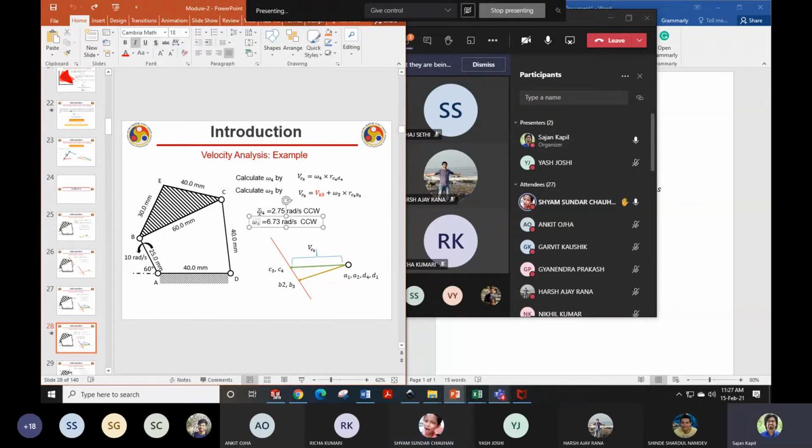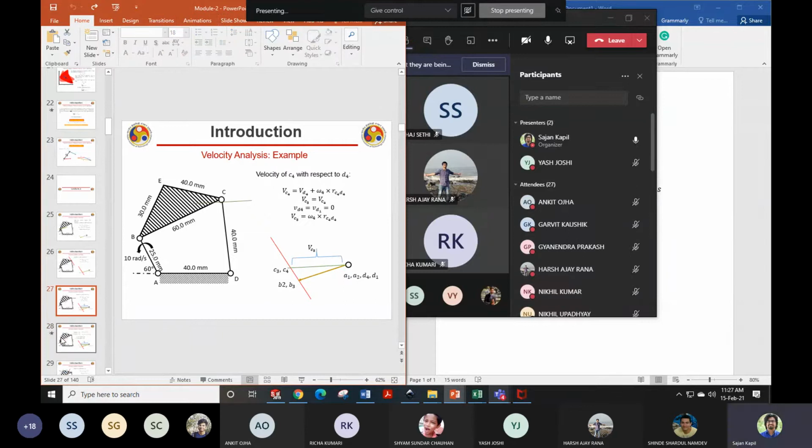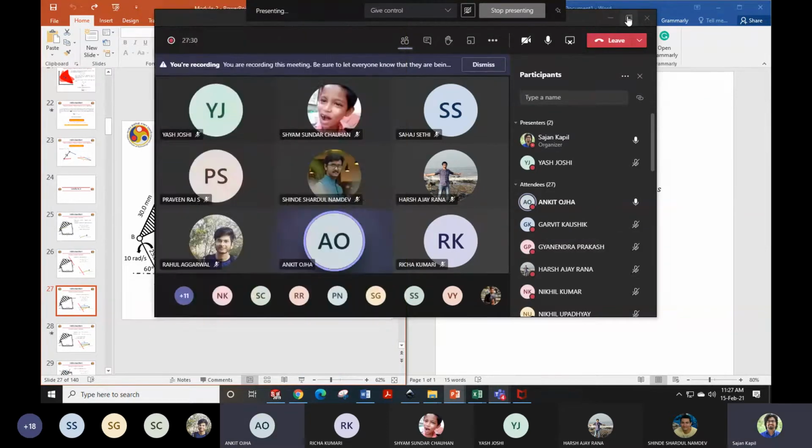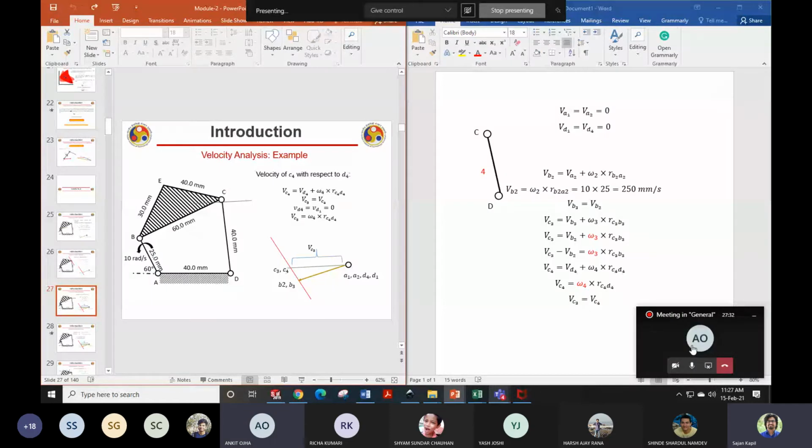I think I have written it wrongly, but that is fine, no issue. What is the direction, Ankit? Direction outwards. Okay, outward. Very good. That means it's counterclockwise, right?